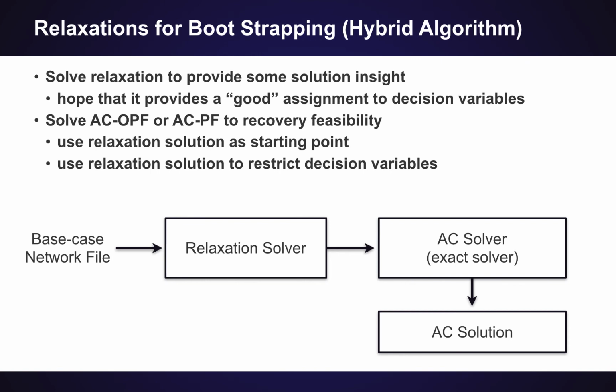Basically, you take the base case, put it into your relaxed solver, then use the solution from the relaxation to bootstrap some kind of non-convex solver, and if that converges, now you've got a feasible solution.